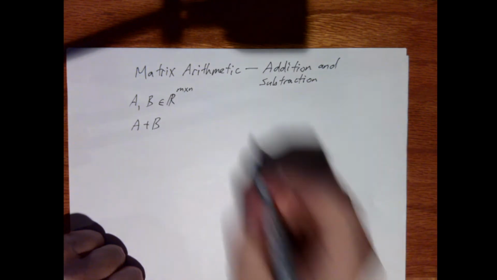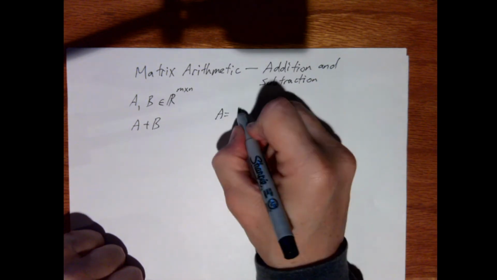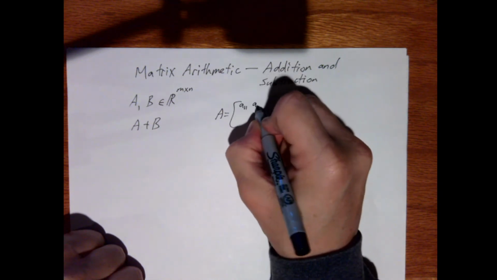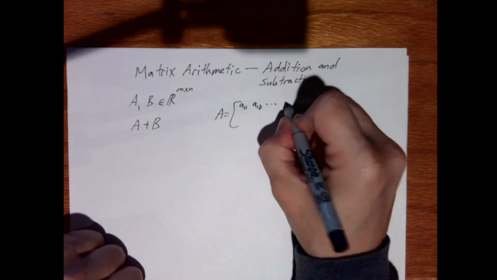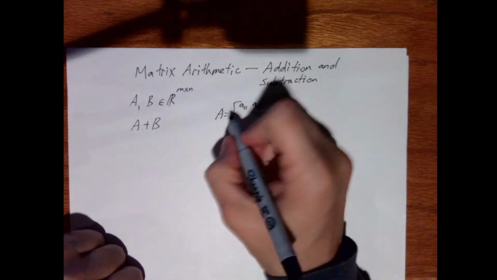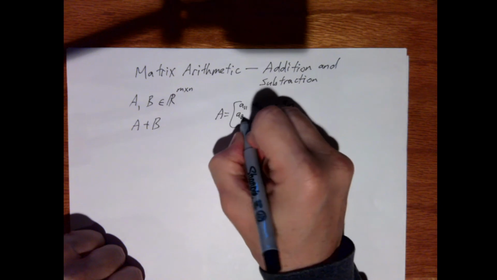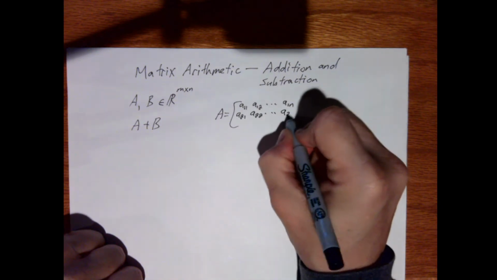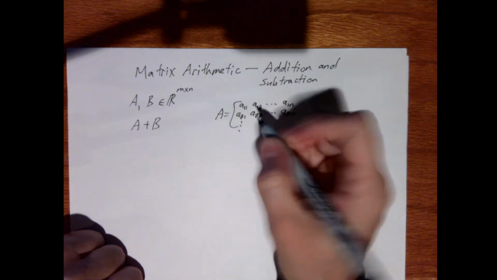And how do we do that? Well, let's say A has this generic shape: A11, A12, dot, dot, dot, A1N, because there's N columns. And the second row then would be A21, A22, dot, dot, dot, A2N. Work our way down.